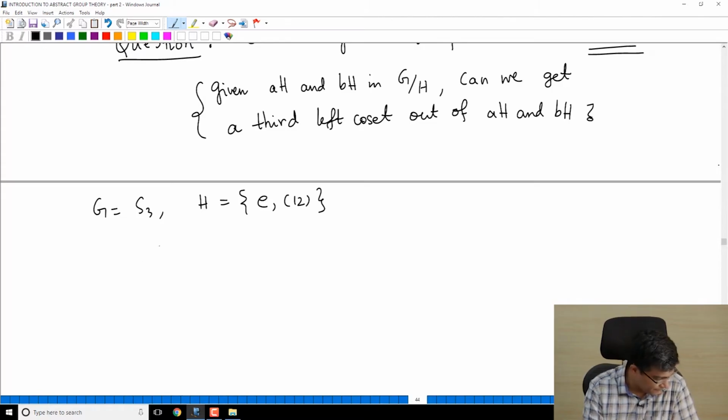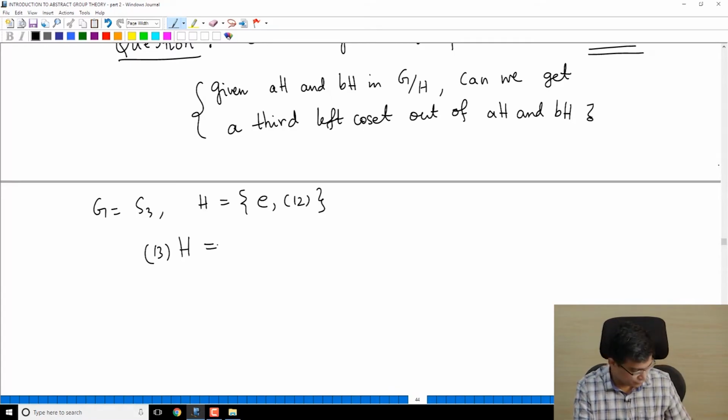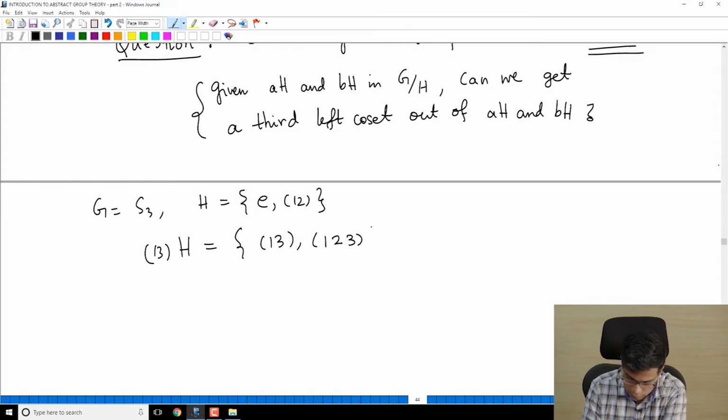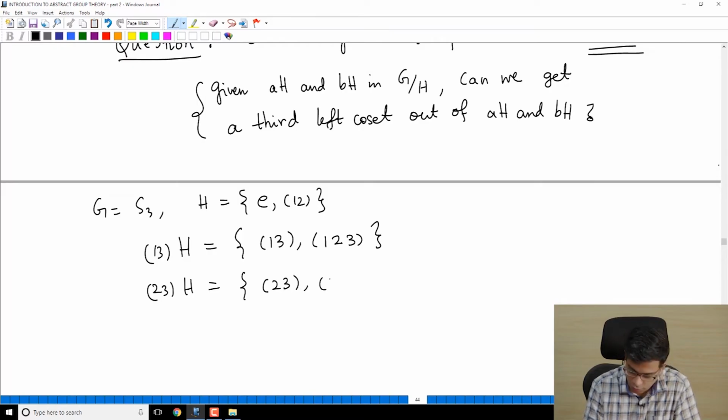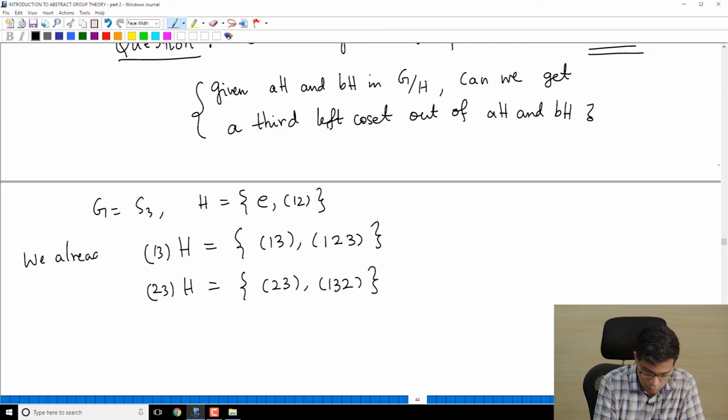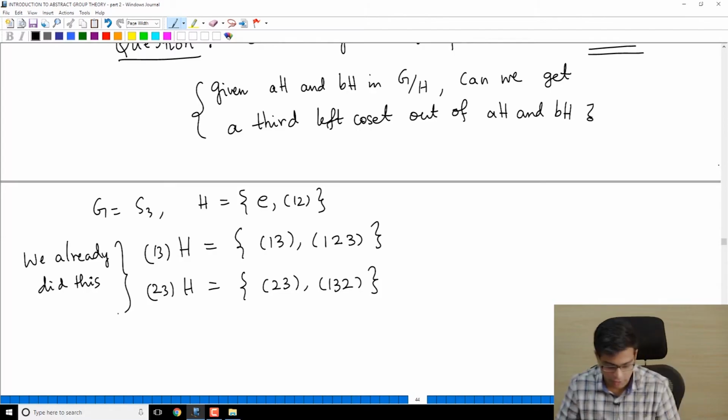So in particular, we computed what is (1 3)H. (1 3)H was, so I'm going to just write this, it is something that we already did. Okay, and let me work with another element, (2 3)H. (2 3)H was {(2 3), (1 3 2)}. We already saw this. Okay, so in a previous video we have done this.